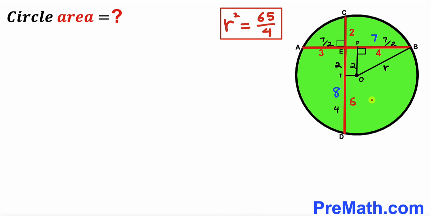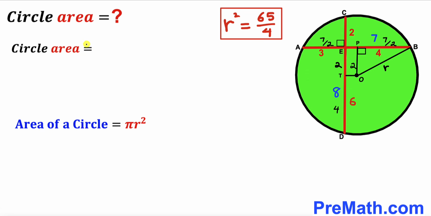And here's our final step. Now we are going to calculate the area of this green shaded circle. Let's recall the area of a circle formula: area is always equal to pi r squared, where r is the radius. So this green circle area is pi times our r squared value, which is 65 divided by 4.